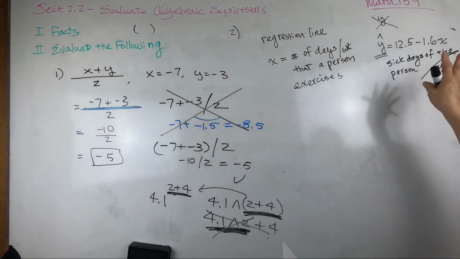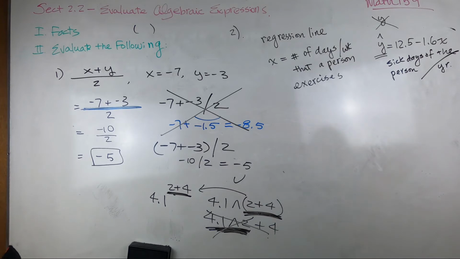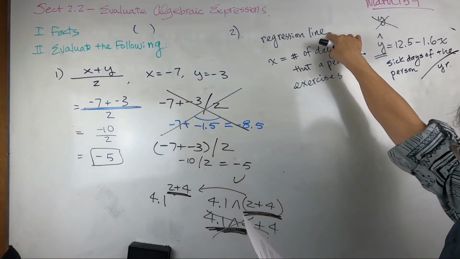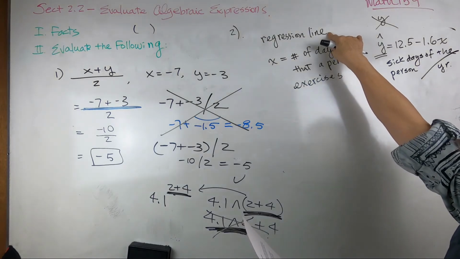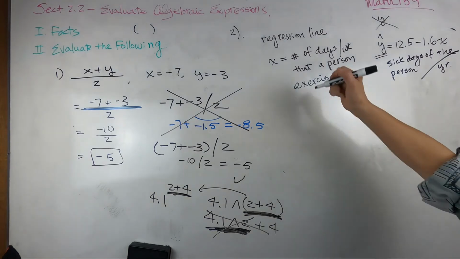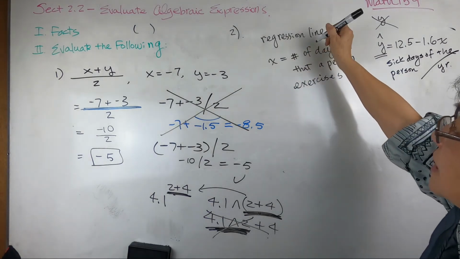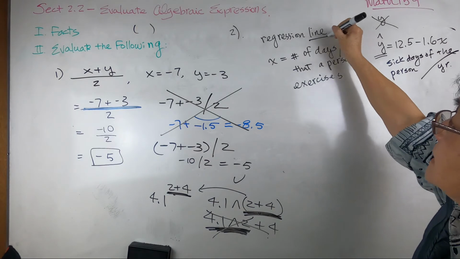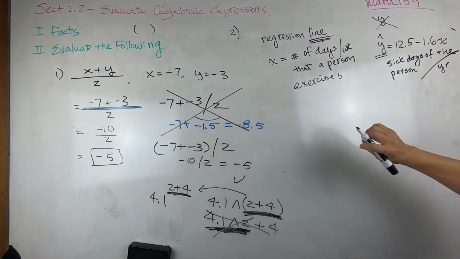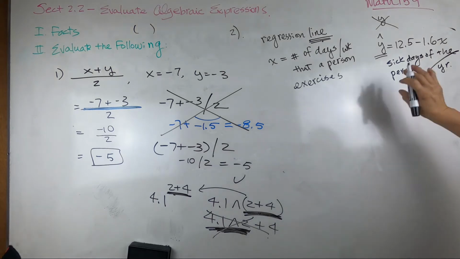Use this regression line to predict, for a person who exercises 4 days a week, how many days he will be sick, right? You don't understand the regression line, but you know it's a line. A regression line is something you use to predict.